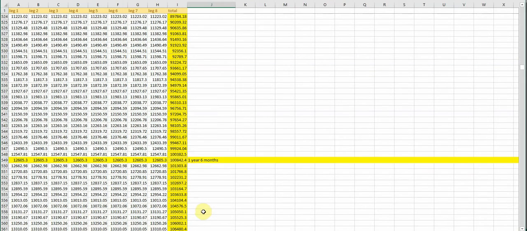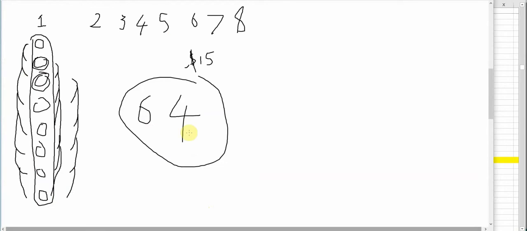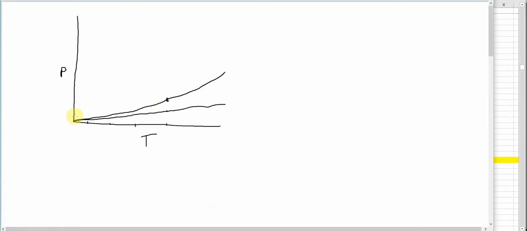This is exponential growth because now your graph is doing this. On your 8 accounts, your graph is doing this. But on your 64 accounts, your graph is doing this. So at this given point, you're earning that much. At that given point in time, you're earning that much.